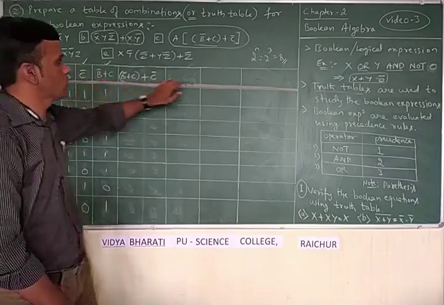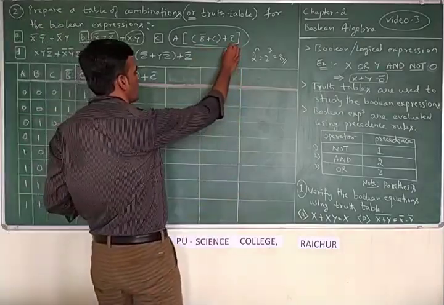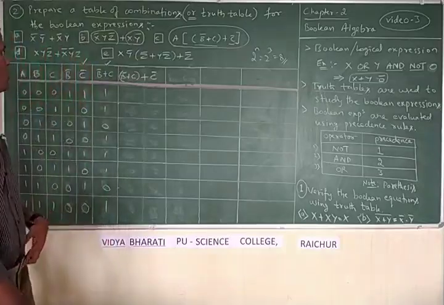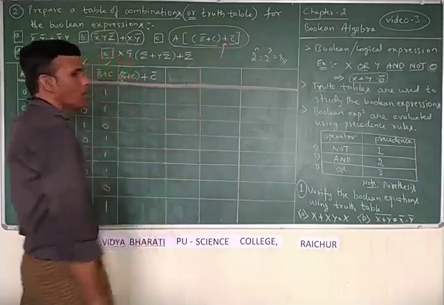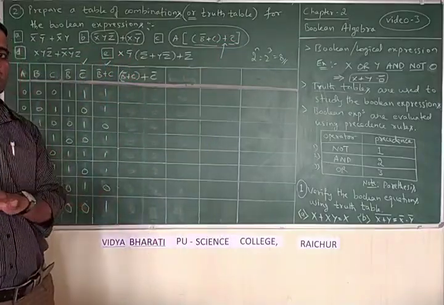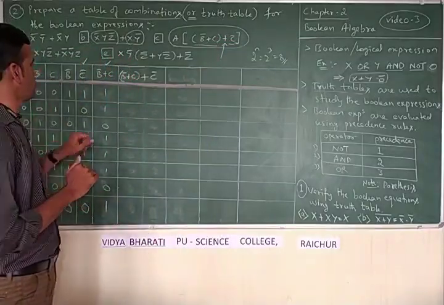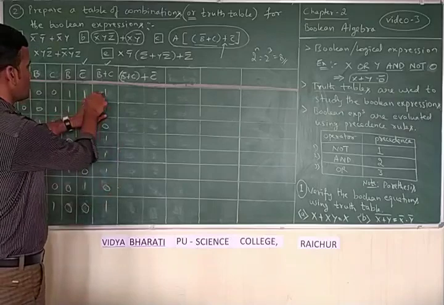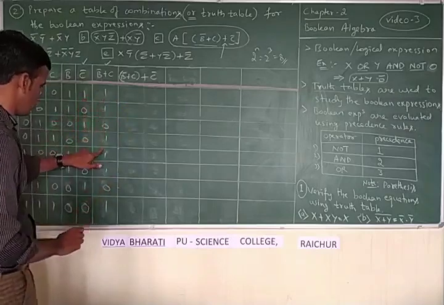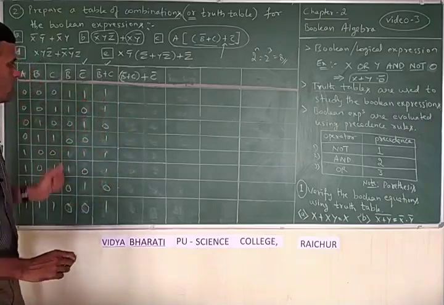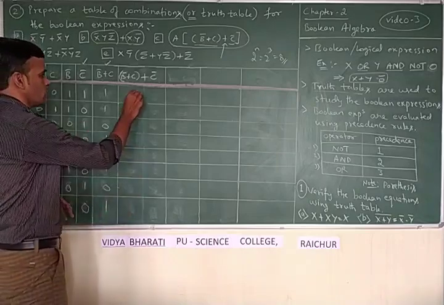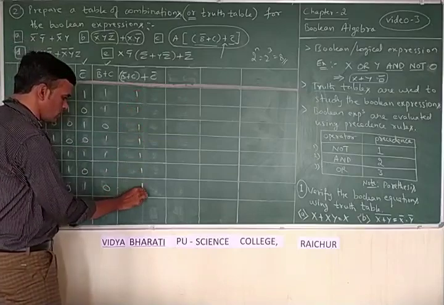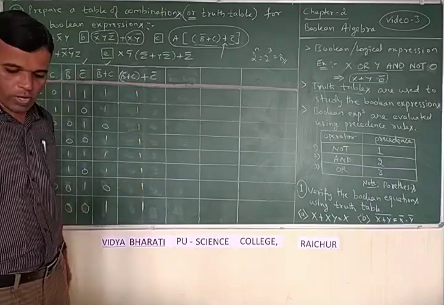Now between these two, B bar plus C and this C bar, only if both are 0 is the result 0. Since we never have both as zeros, it is going to be all 1.